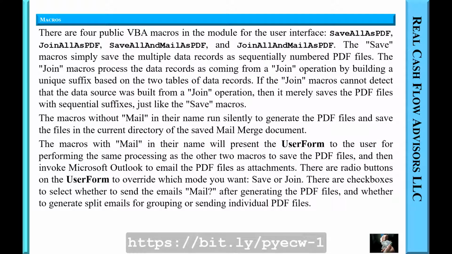as attachments. There are radio buttons on the user form to override which mode you want, save or join. There are checkboxes to select whether to send the emails after generating the PDF files, and whether to generate split emails for grouping or sending individual PDF files.